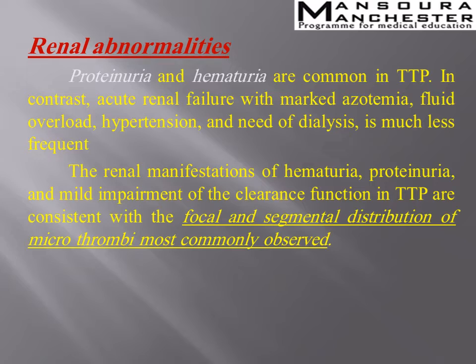Pathological examination revealed microthrombi typically affect one or a few segments of the glomeruli. Although the extent of the glomerular thrombi varies widely among the patients, widespread glomerular or cortical necrosis and fibrosis are uncommon in TTP.